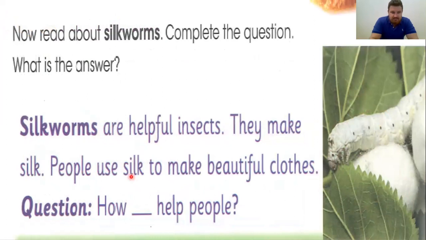They make silk. Remember, silk is like clothes. People use silk to make beautiful clothes. Now, we need to make the question. How silkworms, so we should say do, because it's more than one. How do silkworms and the verb help people?